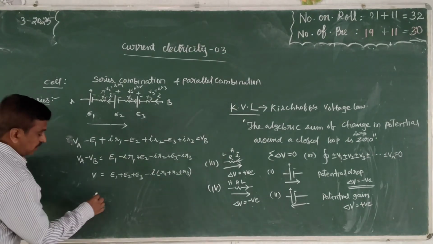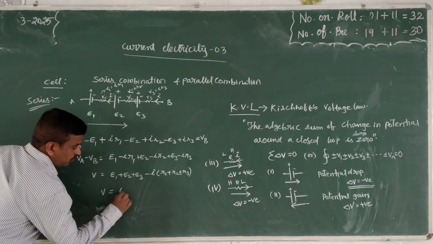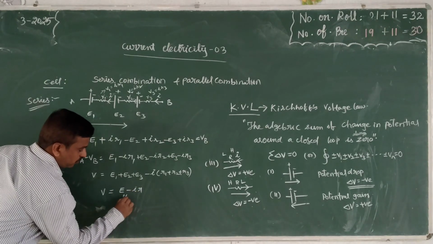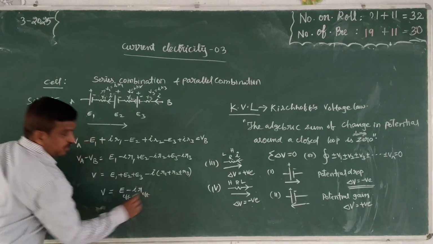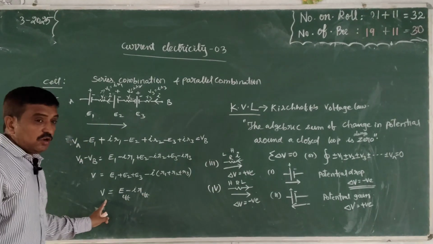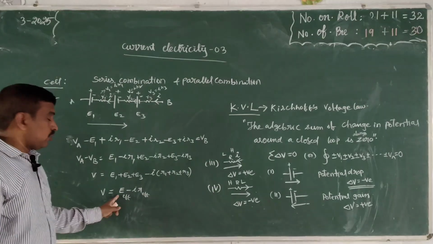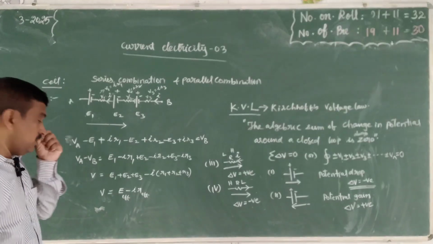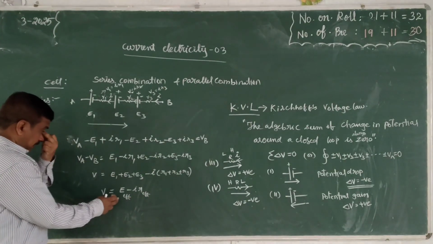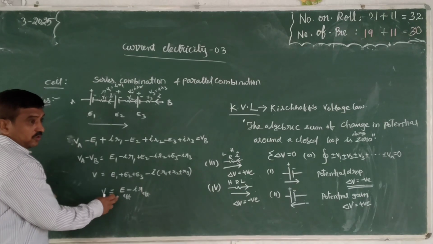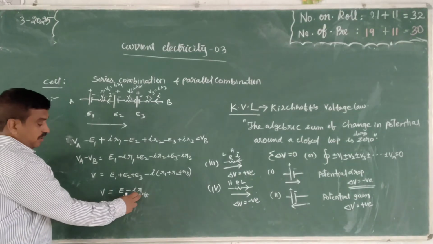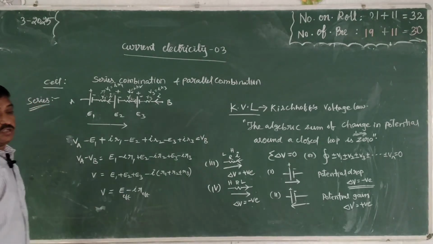Now, this is like V equals E minus I R. So we write E effective and R effective. Terminal voltage equals the electromotive force minus I into R effective, where E is the effective electromotive force, I is the current, and R effective is the effective internal resistance.